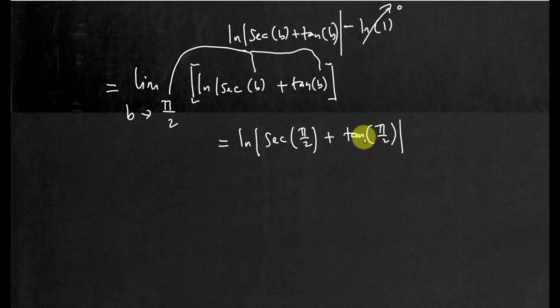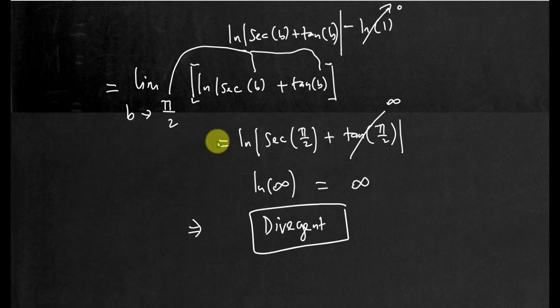And we know tangent of pi over 2 is undefined. Tangent of pi over 2 is just infinity, right? And therefore ln of the whole thing, infinity plus anything, is just ln of infinity, and ln of infinity is just infinity. So we don't have the limit for this integral, and therefore the answer is this integral is divergent because the limit does not exist.